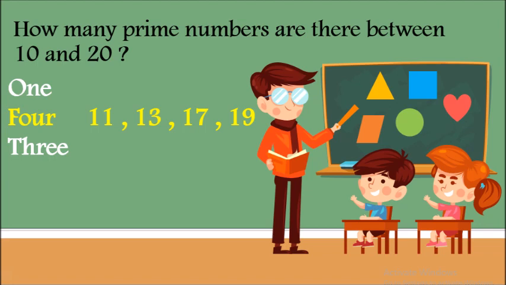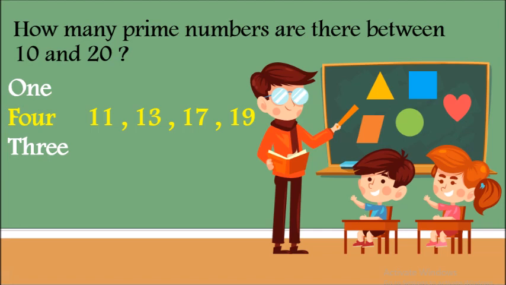Now, it says between 10 and 20. Between 10 and 20, we have 11, 13, 17, and 19. So the prime numbers between 10 and 20 are given here, and there are only 4 numbers.